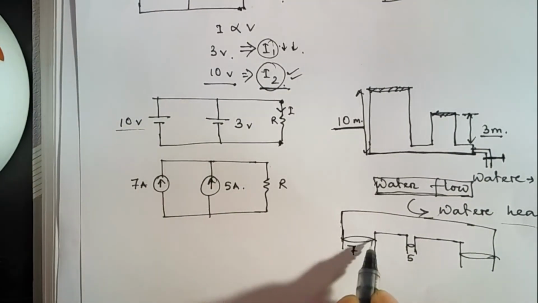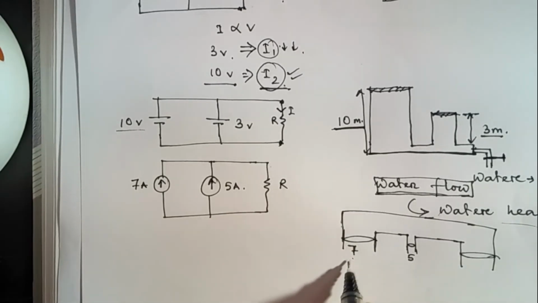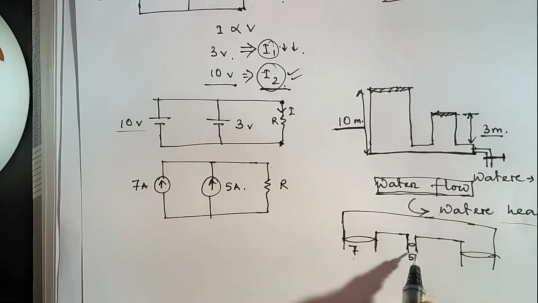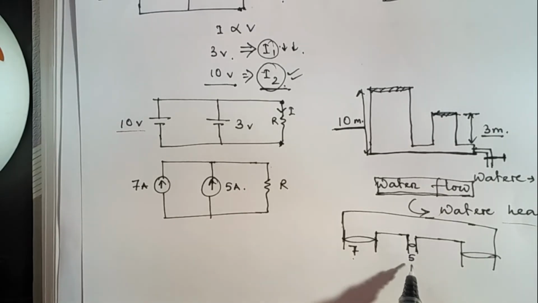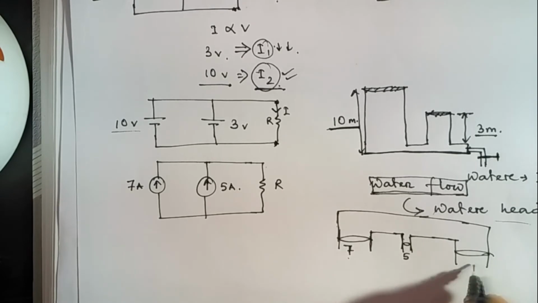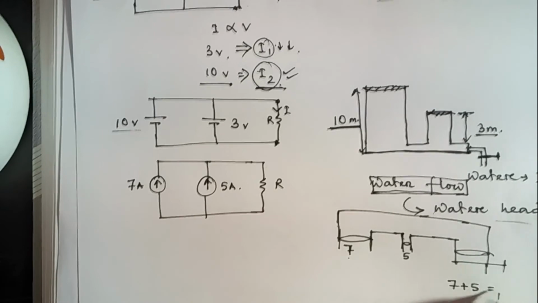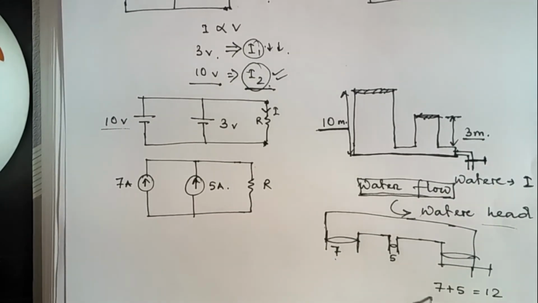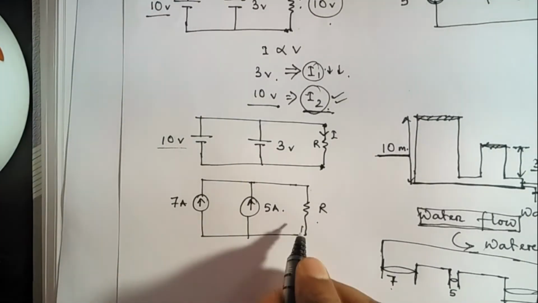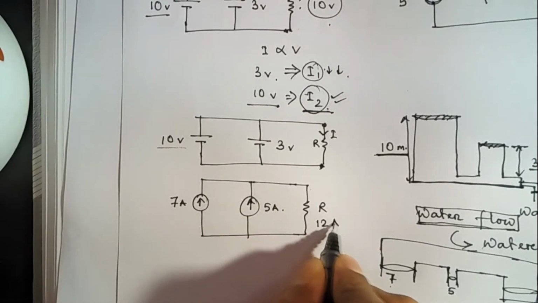We have connected a pipe through which 7 units of water is flowing and another pipe through which 5 units of water is flowing. So total water we will get over here is 7 plus 5 equals 12 units, right? So current we will get over here is 7 plus 5 equals 12 amps.